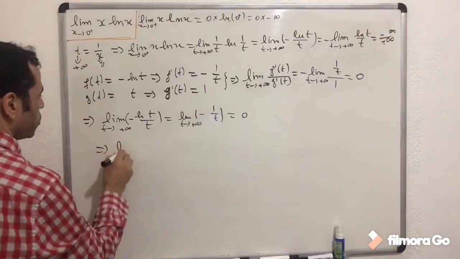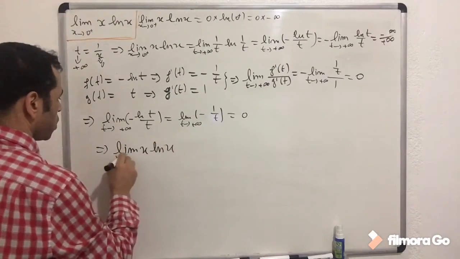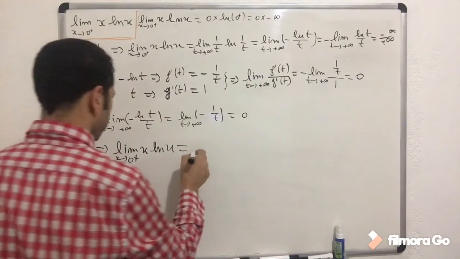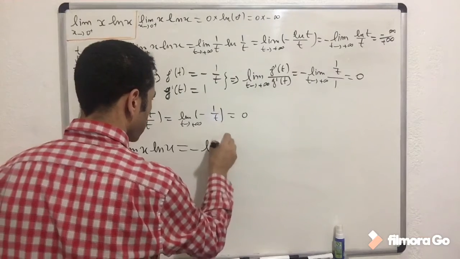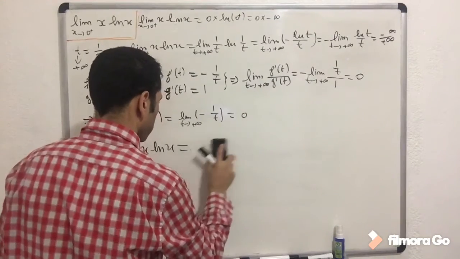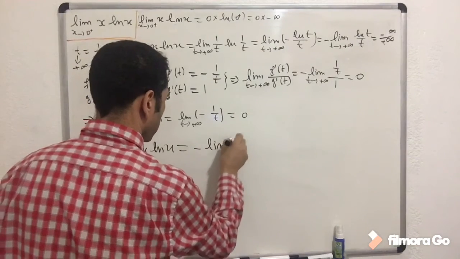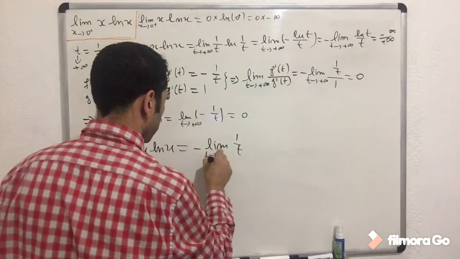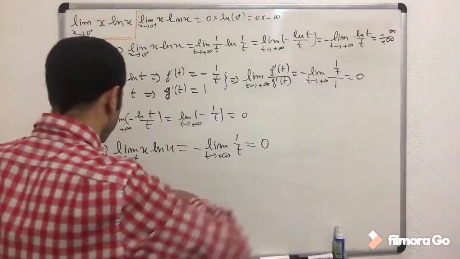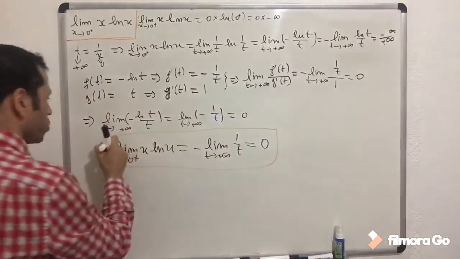So the limit of x ln x as x goes to 0 from the right-hand side equals minus the limit of 1 over t as t approaches infinity, which is 0. Now we found the limit. This is the final result of this limit.